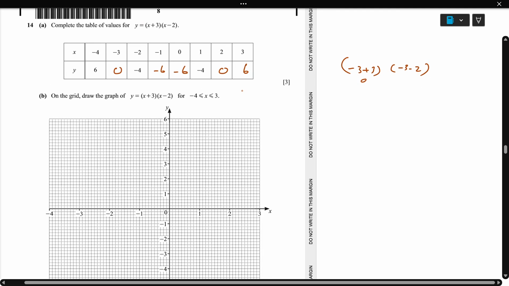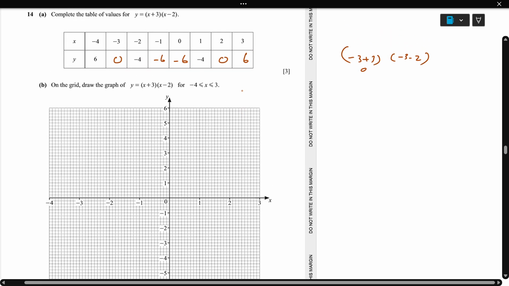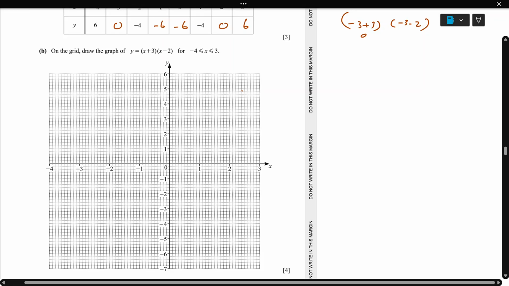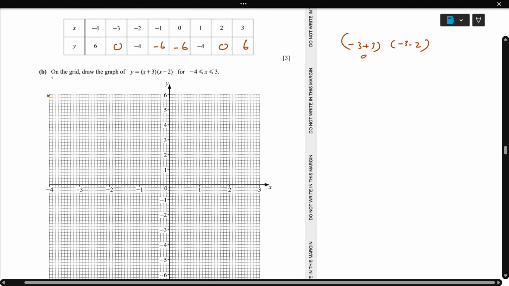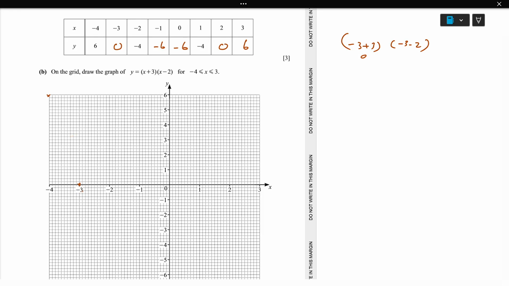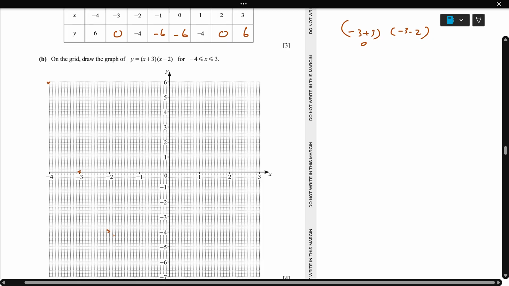Okay, so now this value we need to plot in the grid, which is -4 comma 6, and -4 and 6 is going to be here. Next one, -3 comma 0, it's going to be here. Next, -2 comma -4 is going to be here. Next, -1 comma -6 is here.